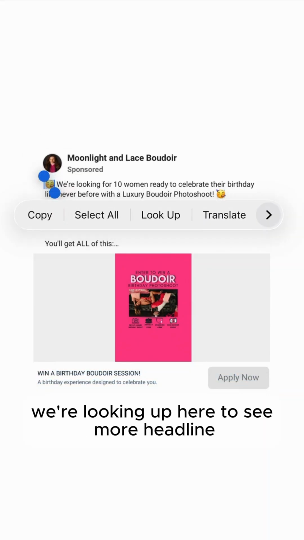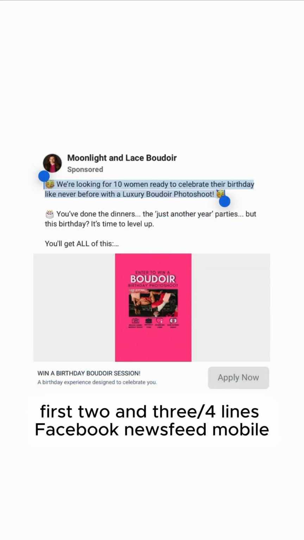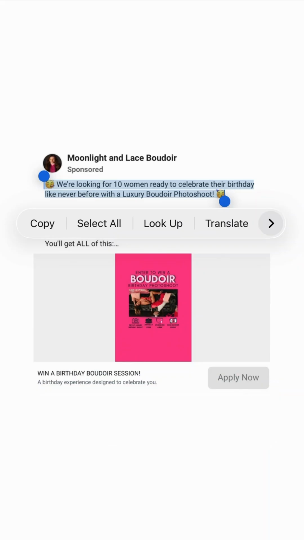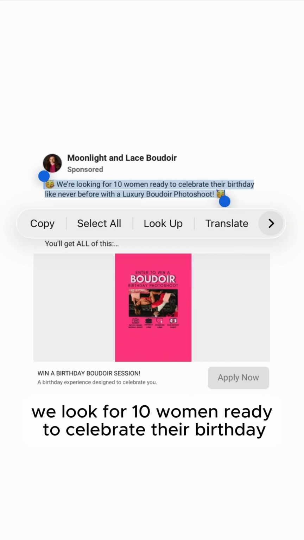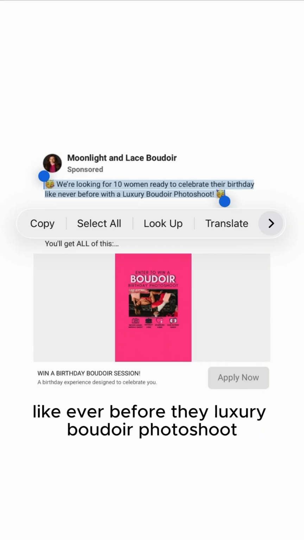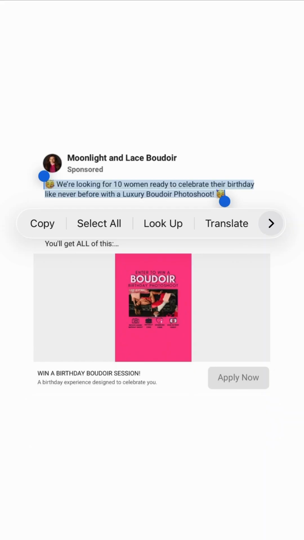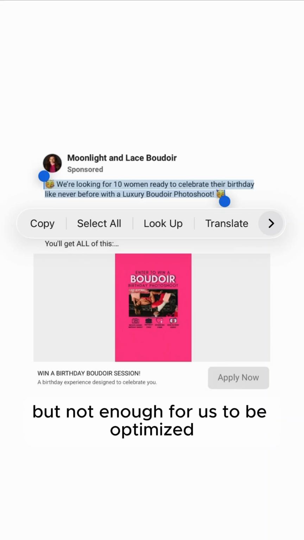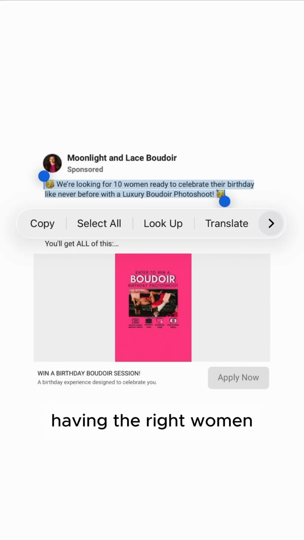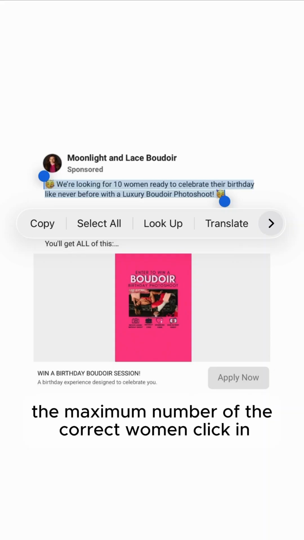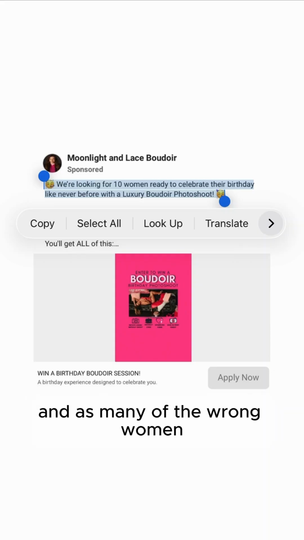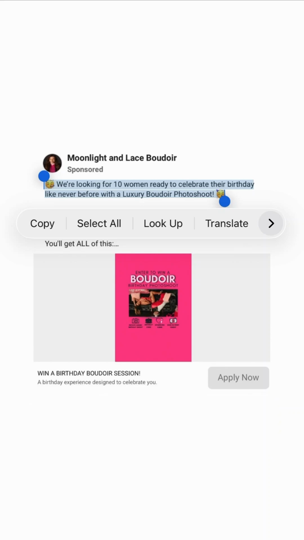Finally, we're looking up here to see the headline. First 2 3/4 lines, Facebook newsfeed mobile. So let's say we look for 10 women ready to celebrate their birthday like ever before, their luxury boudoir photo shoot. All right, so yeah, lack of context mistake here. We've got a few context points, but not enough for us to be optimized, having the maximum number of the correct women click in, and as many of the wrong women scrolling by as possible.